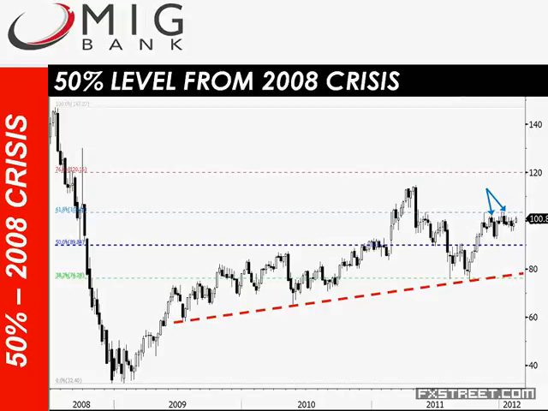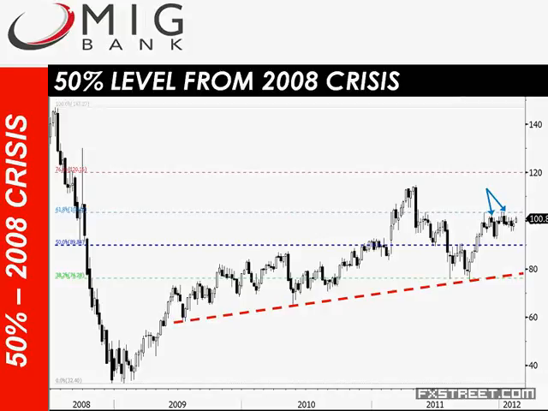What I have done is picked out the halfway retracement of that decline, and highlighted it there in the blue dashed line. And that is roughly around the $89 or $90 mark. $90 on West Texas oil is very important.